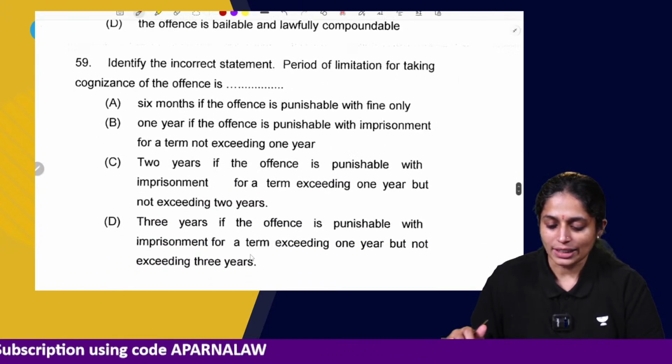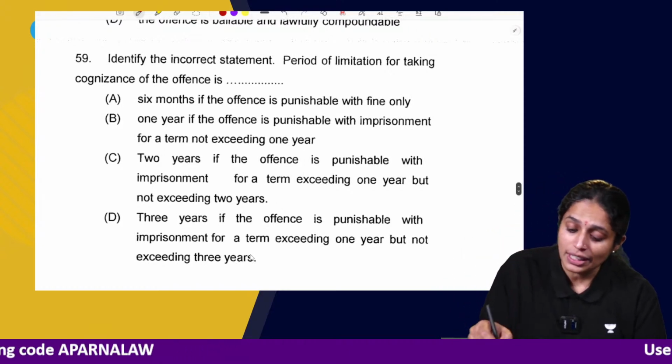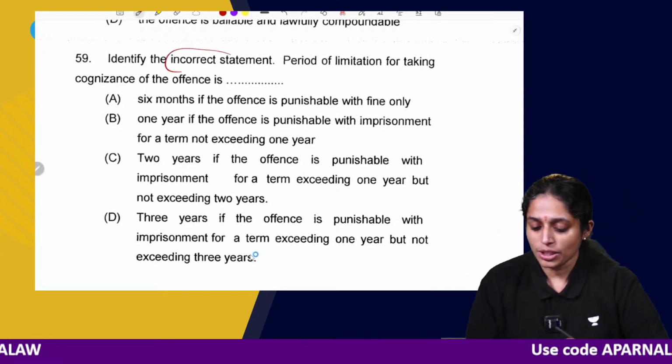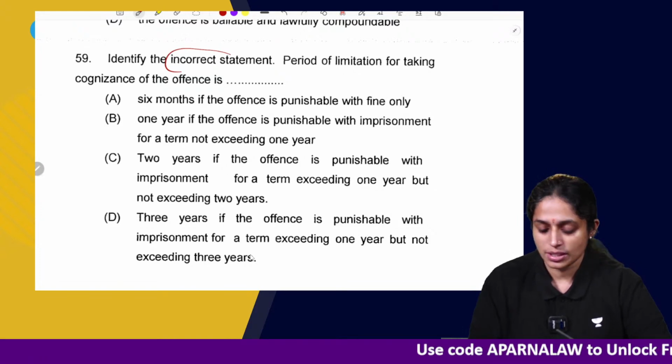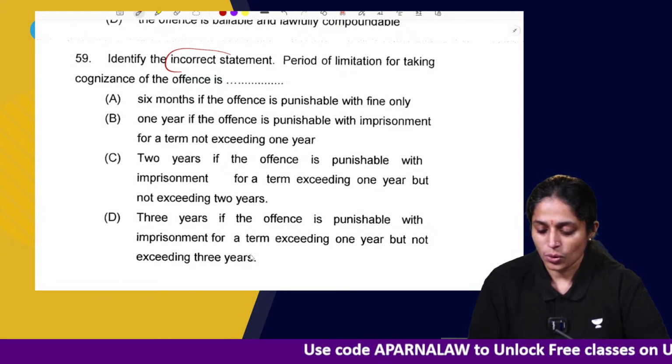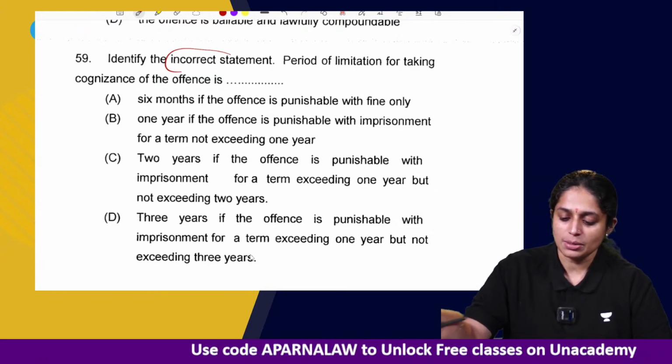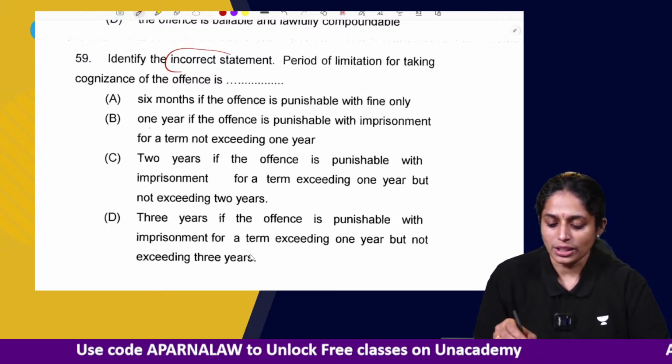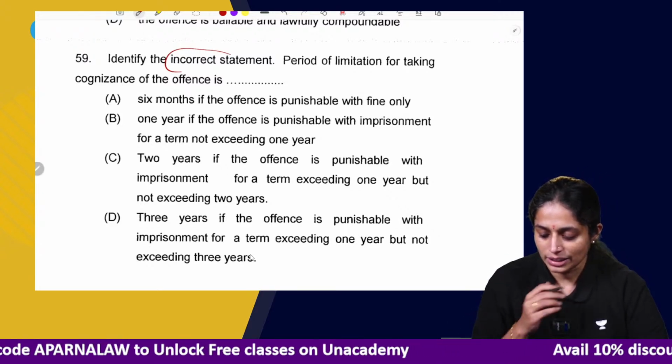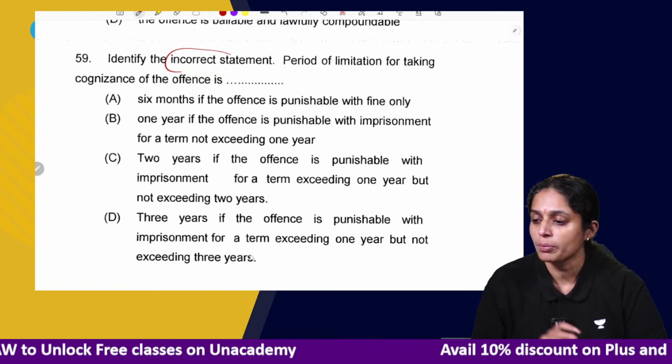59th question. Identify the incorrect statement. Period of limitation for taking cognizance of the offence is, what is the period of limitation? Is 6 months, 1 year, 2 years and 3 years, depending upon the term of imprisonment.